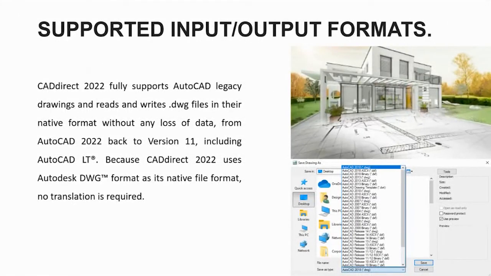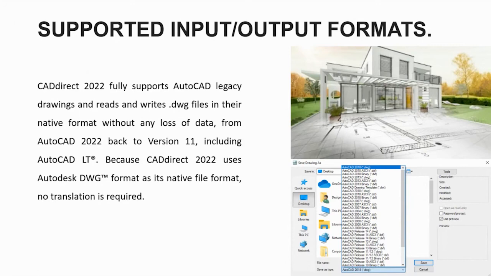For professional CAD users, it provides a better way to read, write, and share DWG files. We can work on any AutoCAD files from version 11 to AutoCAD 2022, without any file format change or conversion, and it even works with AutoCAD LT. So suppose two or more consultants are involved in a project, and they share their AutoCAD drawings with you, you can right away open them in CADdirect without any file format change or conversion.